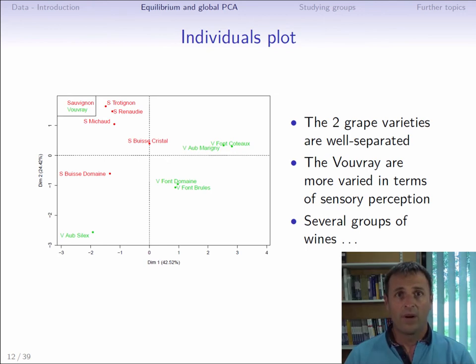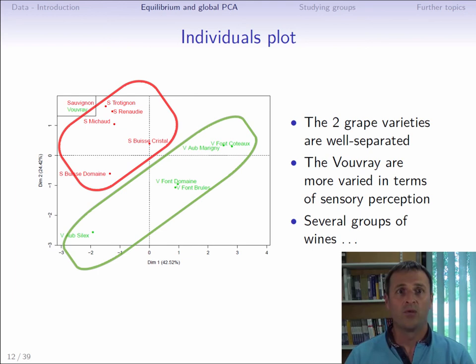For our example, here is the individuals plot. The wines are colored according to the grape variety, red for Sauvignon and green for Vouvray. Coloring the individuals according to grape variety shows a contrast between the two grape varieties. The Sauvignon are in the upper left corner and the Vouvray in the lower right. Recall that the grape variety variable was not an active one and was therefore not used to construct the dimensions.